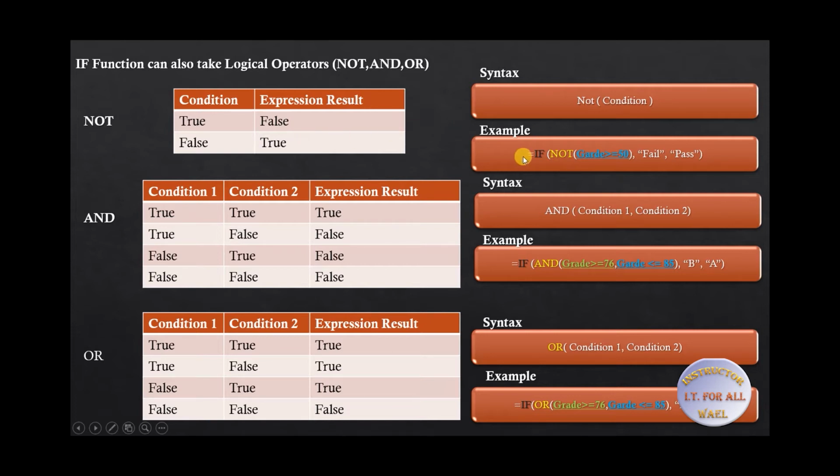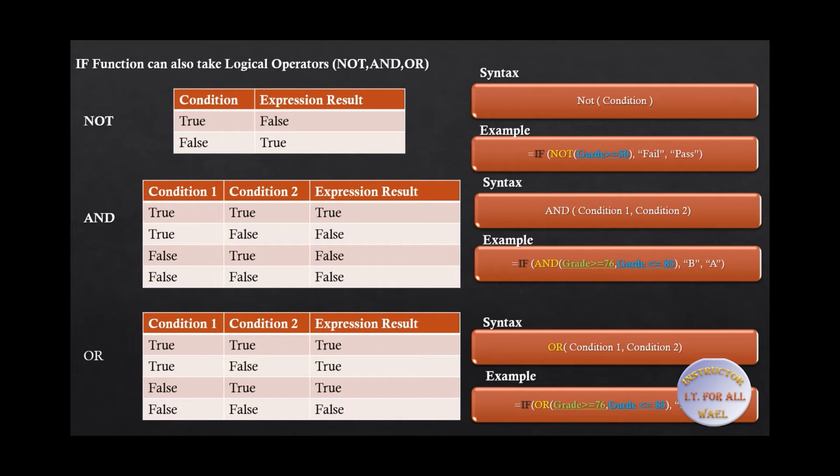As an example, the syntax starts with the equal for the formula, then we have the if function, open the brackets, close the brackets as usual, and not inside. The very first thing is not. If you remember, we took the grade less than or equal, it's going to be fail or pass.